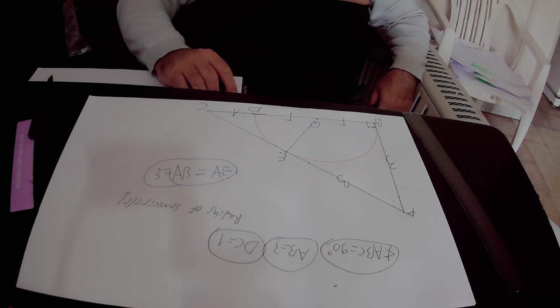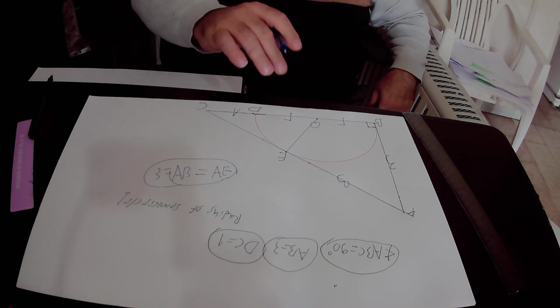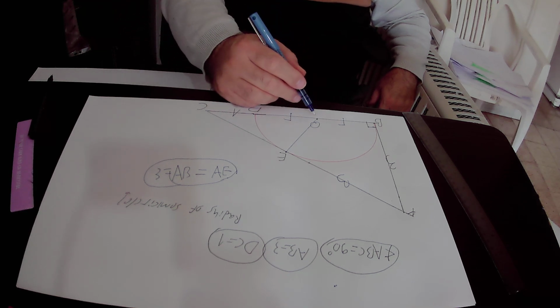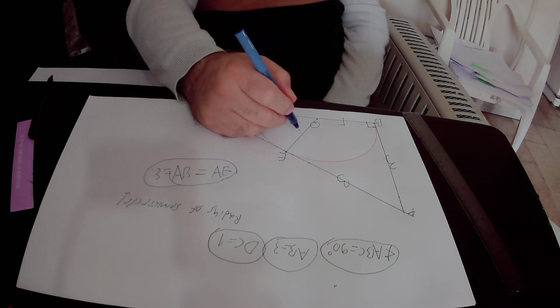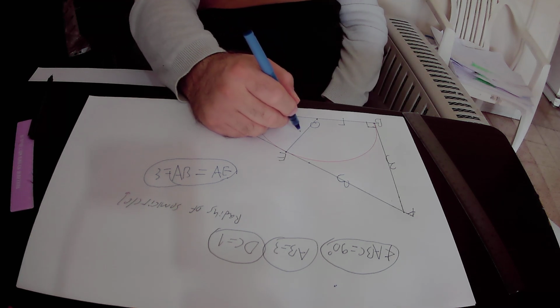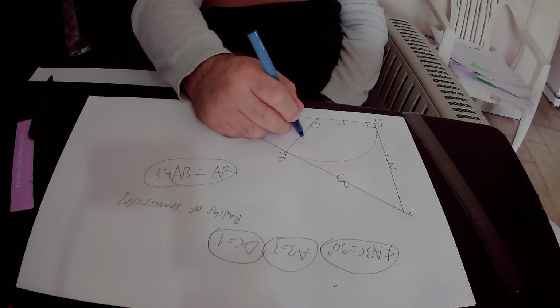Line segment OE is also the radius of this semicircle, because it starts from the center and ends at point E, a point on the semicircle itself. Therefore, it equals R.